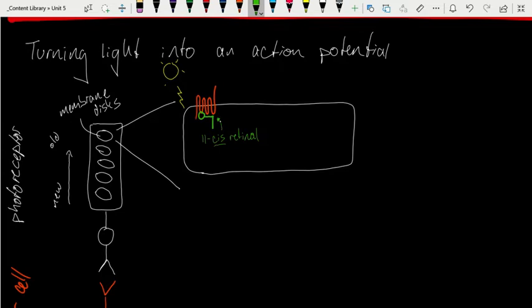But what happens is when light hits that, in comes this light, and the light, being energy, has sufficient energy to break that double bond. And when it breaks, it will automatically reform, but during that process, it actually reforms as all-trans retinol.